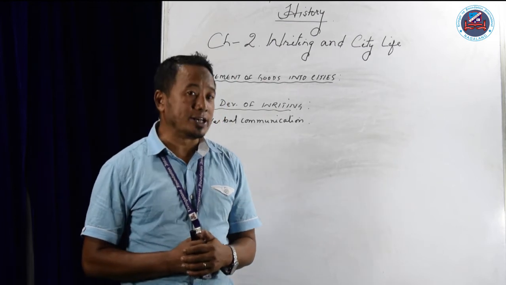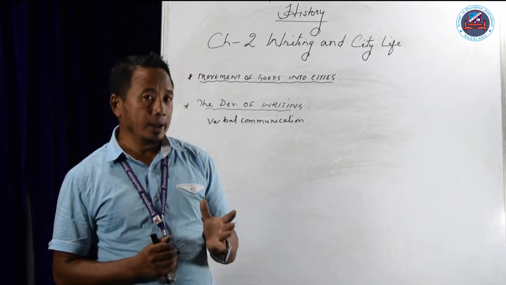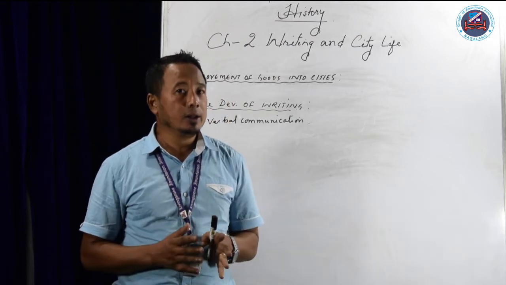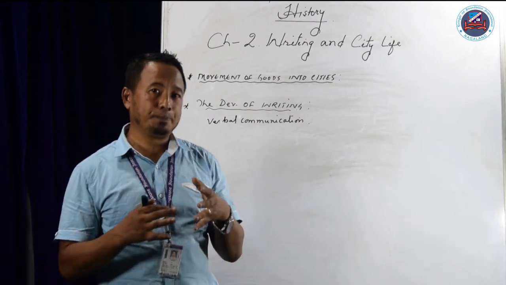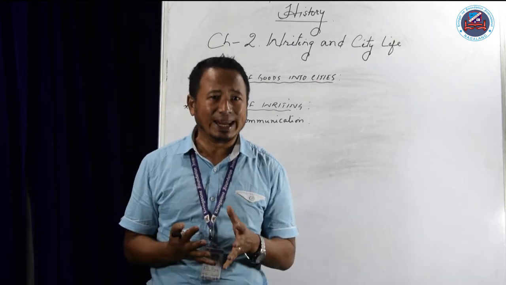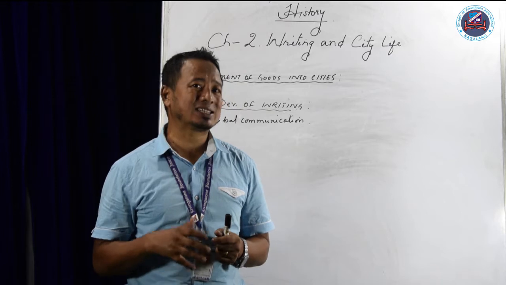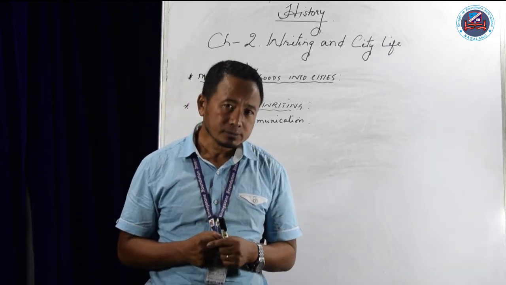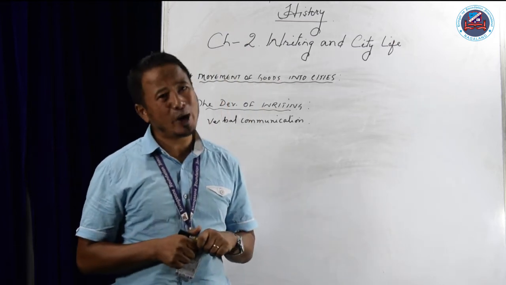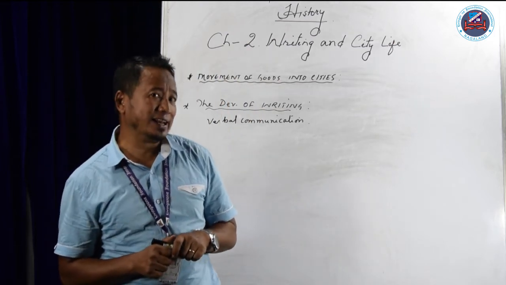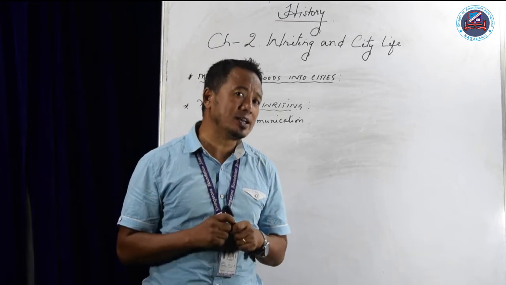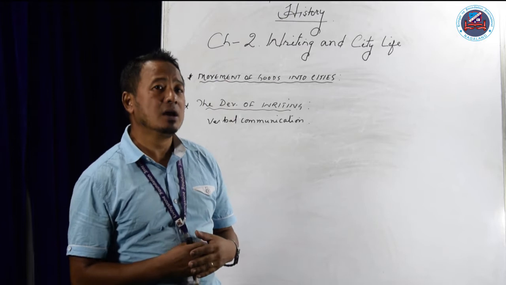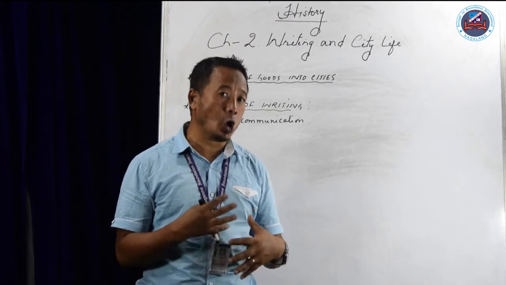So they wrote on wet clay tablets. They would mold the wet clay and pat it into a size comfortable to hold with one hand. They wrote on the wet clay before it got dried. And after writing, they exposed it to sunlight to make it hard so that they could keep it for a longer period of time.